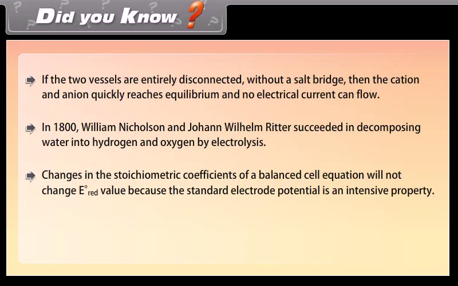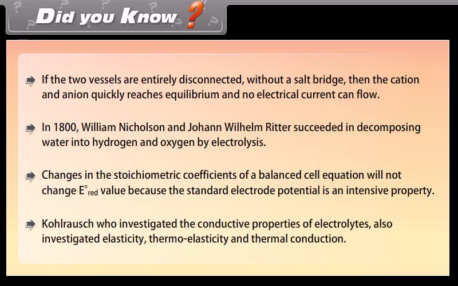Changes in the stoichiometric coefficients of a balanced cell equation will not change E0 value because the standard electrode potential is an intensive property. Kohlrausch, who investigated the conductive properties of electrolytes, also investigated elasticity, thermoelasticity, and thermal conduction.